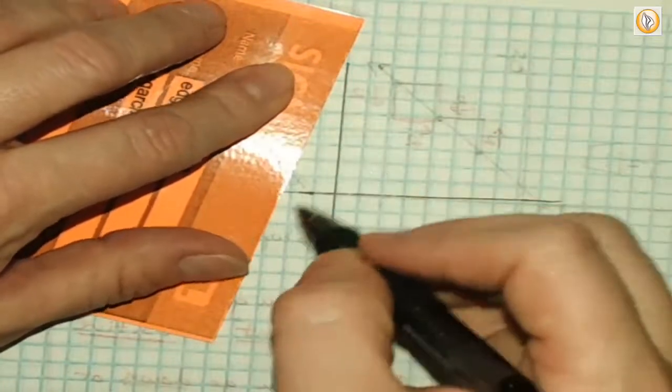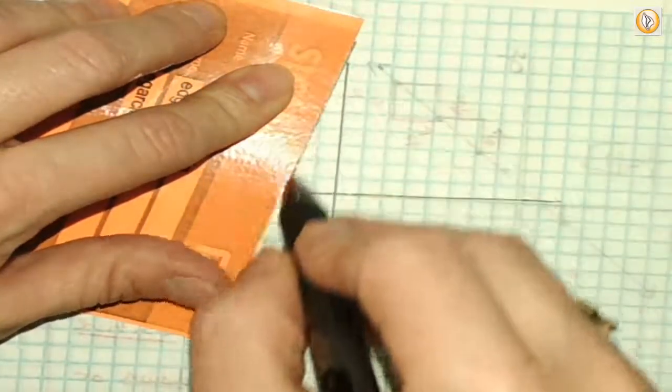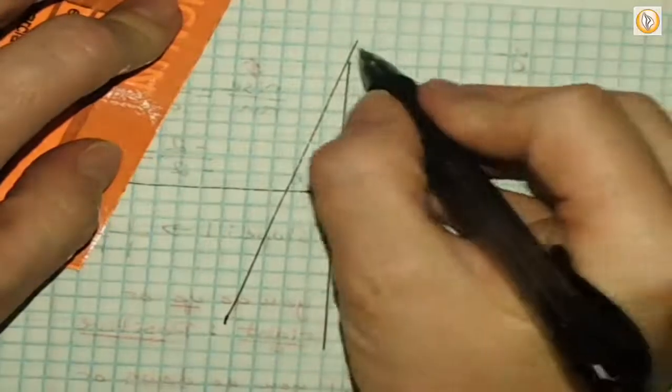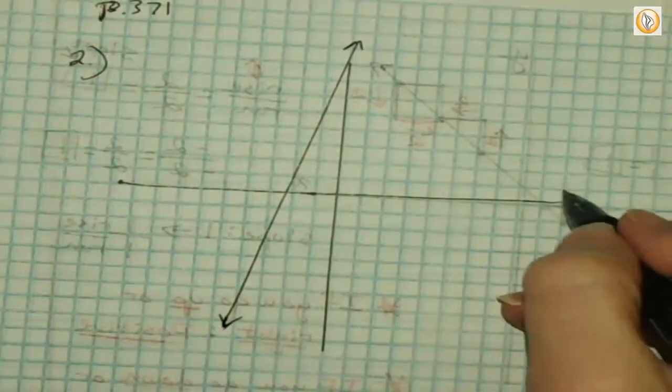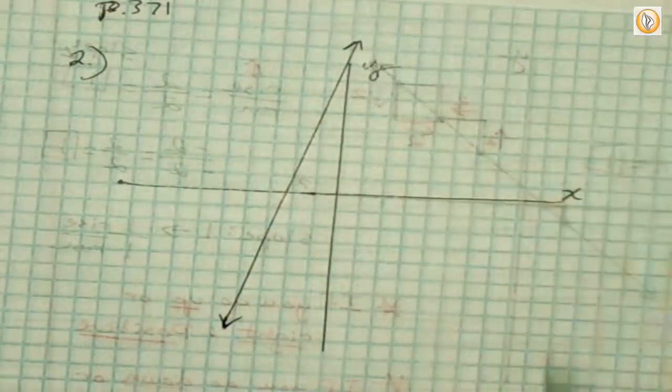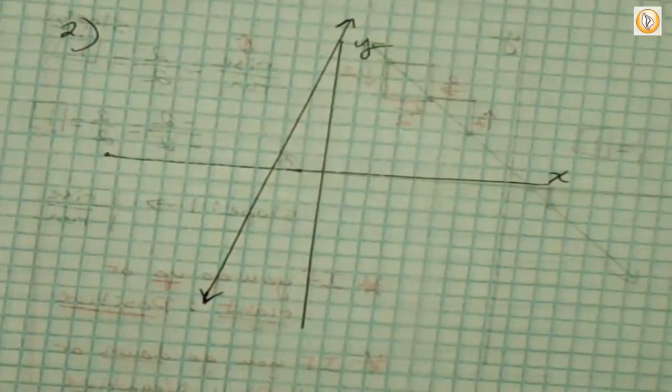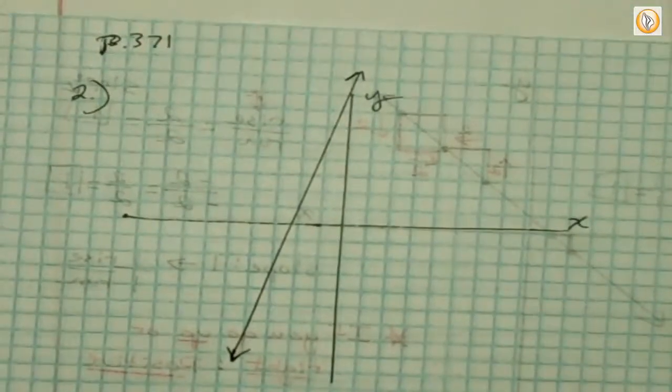So this is what number 2 looks like. Okay, so this is what number 2 looks like in your book. I've got it written there.